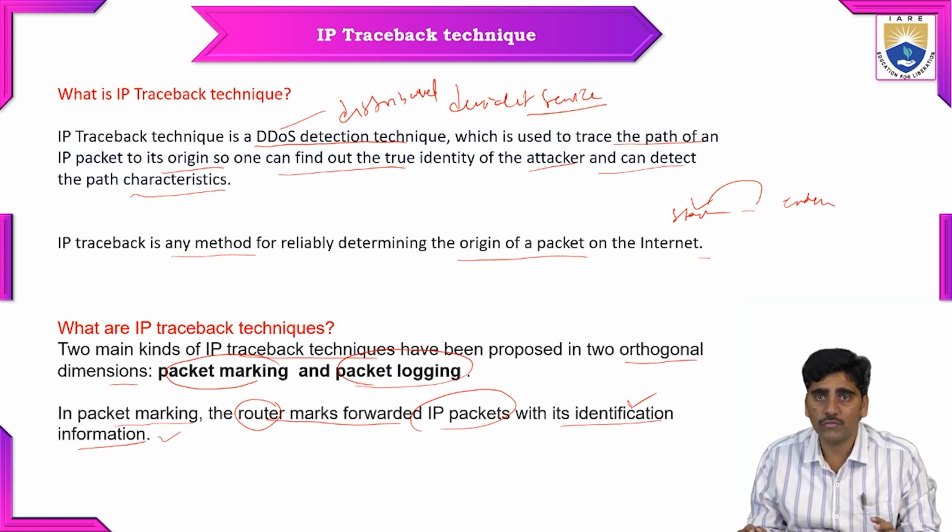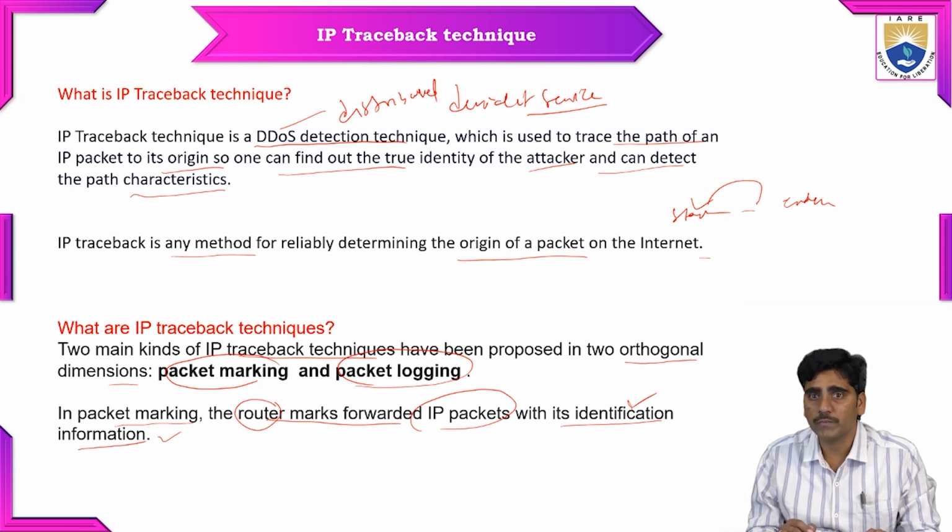It looks like vehicles at the toll gates. Whenever a vehicle arrives at the toll gate, automatically toll gate point number 1 or number 2 identifies all the information of that particular vehicle. Then it opens the gate to let the vehicle move from that point.